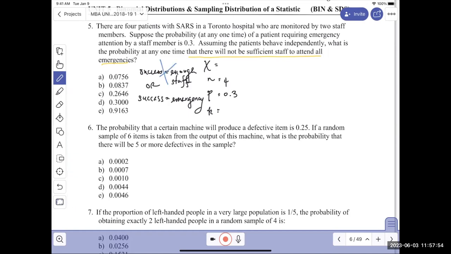Enough staff is the overall question, and we're going to define that when we get to K. So far we've got N, we've got P, because we understand success is an emergency each time we look at a patient. So what's the possible amount of emergencies we can have? 0 emergencies, 1 emergency, 2 emergencies, 3 emergencies, and it's up to 4, right?